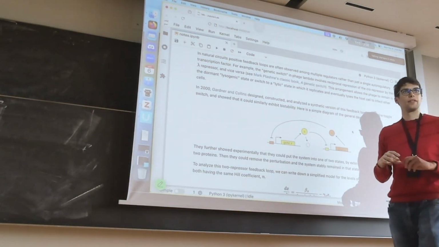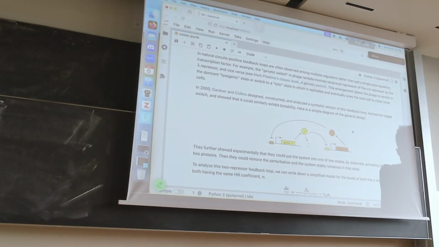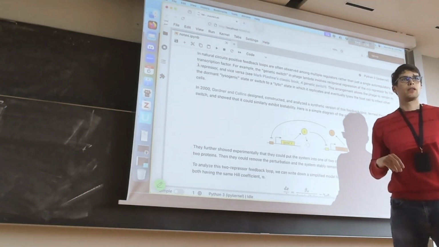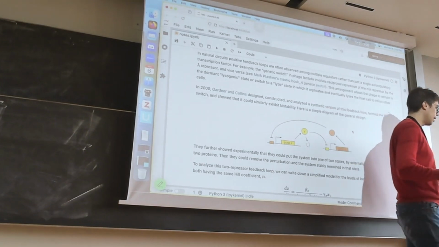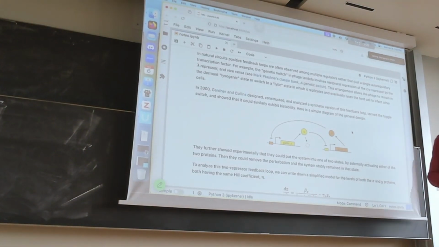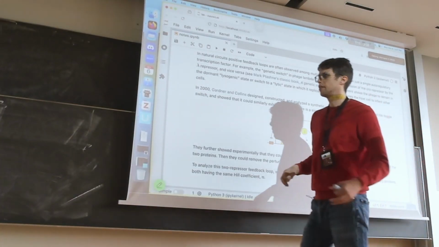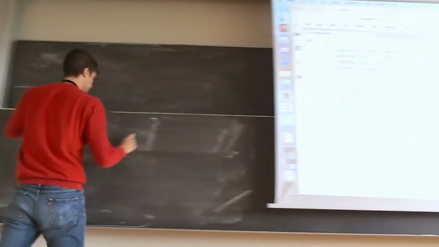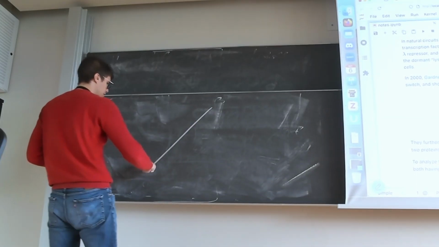Sorry, is it bistability? Do we always have two stable points and one unstable? Or is it possible to have just two stable points? You can have them, but it's very rare in some sense. So let's put ourselves in this picture where here we have the degradation rate, and here we have the production rate.